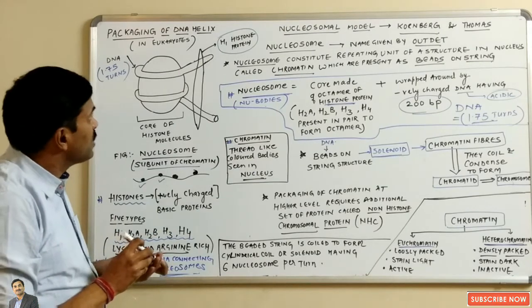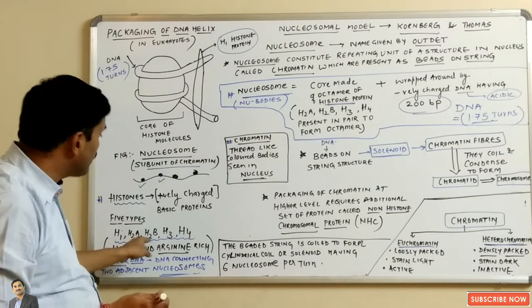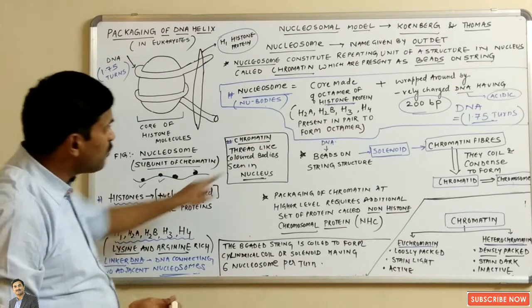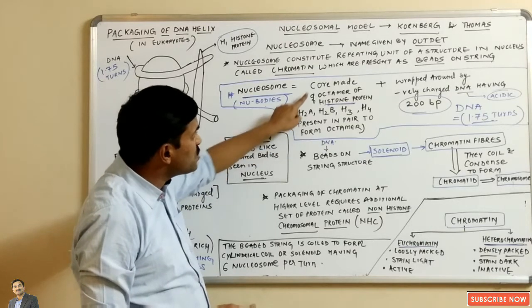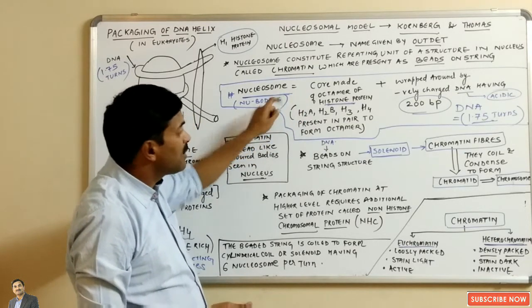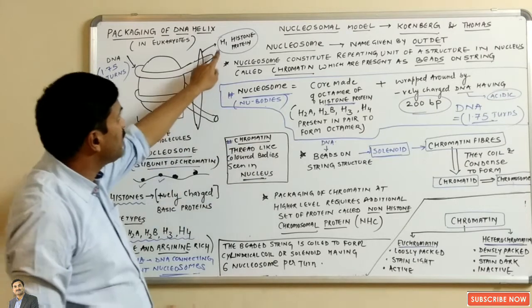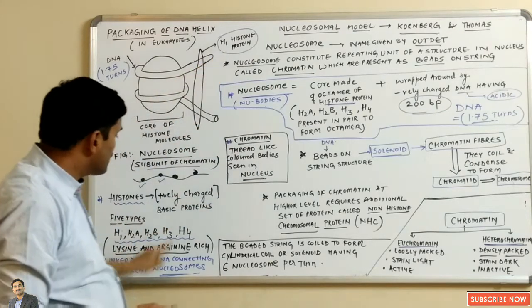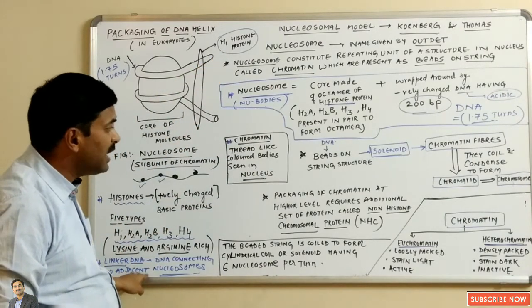Okay, so you must know that out of the 5 types of histone proteins, 4 histone proteins are associated with the core of the nucleosome, while the remaining one, known as the H1 histone protein, is associated with the linker DNA.